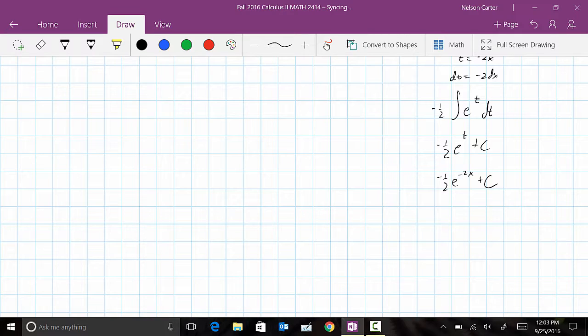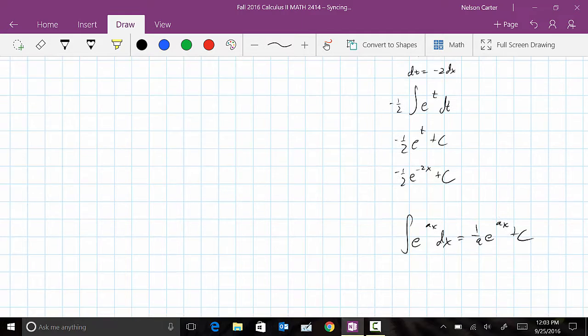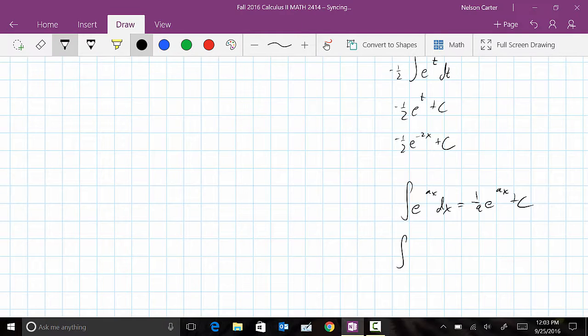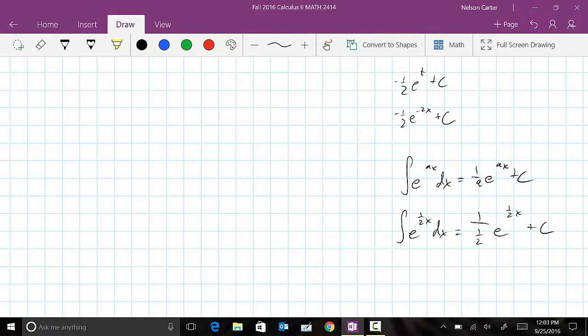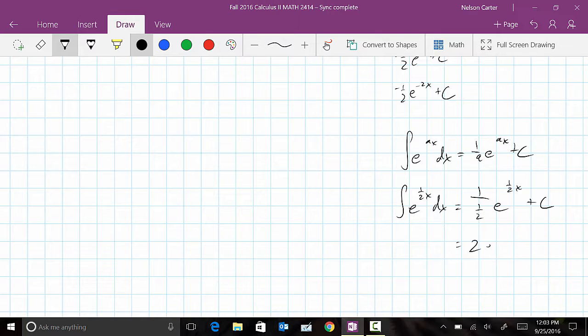Now, also keep in mind, let me write this down again, e to power ax dx. If I told you it's 1 over a e to power ax plus a constant, and a is something like 1/2, then the same rule applies. So that would mean that the integral of e to power 1/2 x dx is going to be 1 over 1/2 times e to power 1/2 x plus c, and then 1 divided by 1/2 is 2.